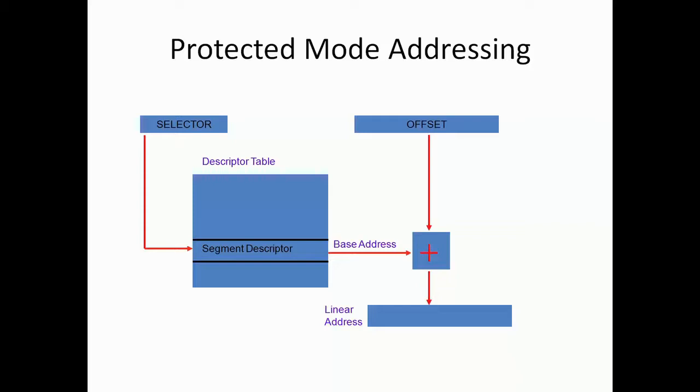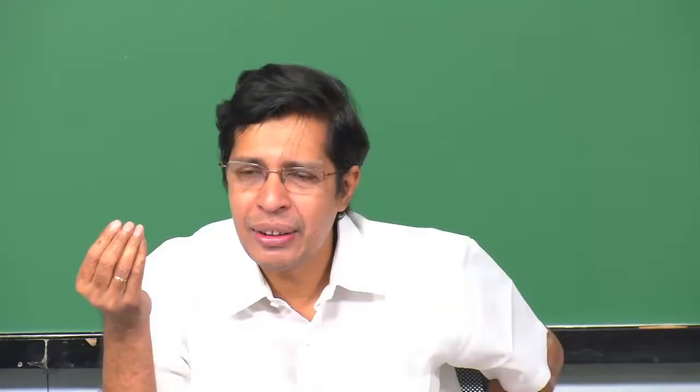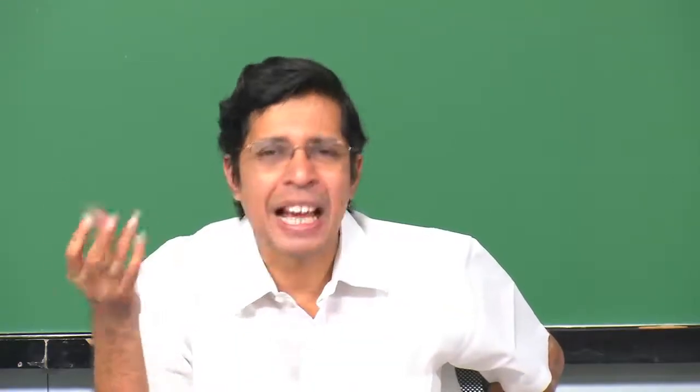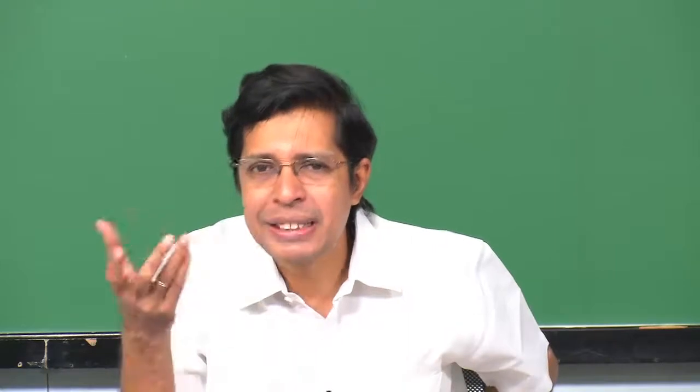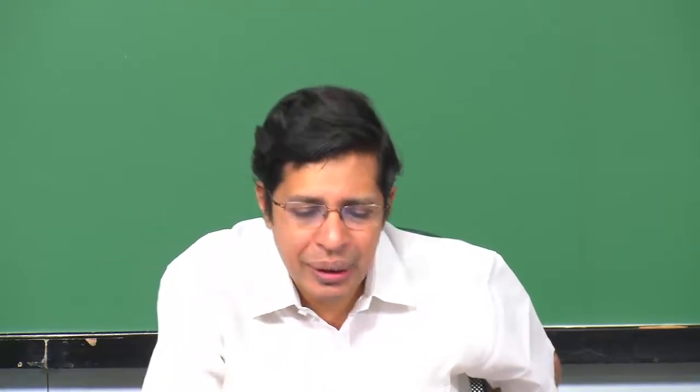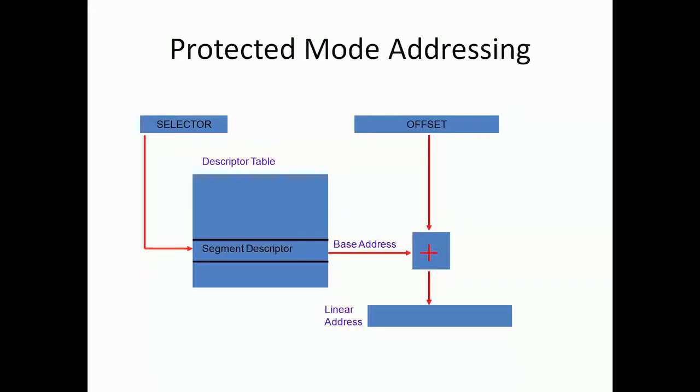So when you ask for a code, stack and data, 3 descriptors are created in this descriptor table. Let me say it is stored in the locations 1, 4 and 5. 1 corresponds to code, 4 corresponds to data and 5 corresponds to stack.